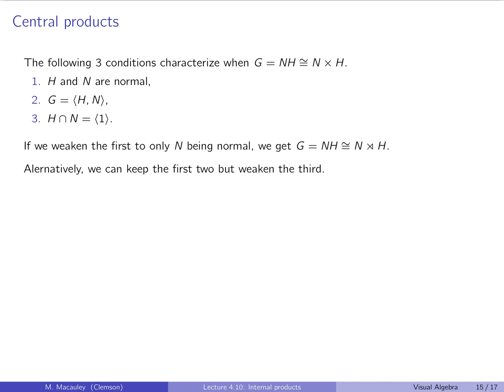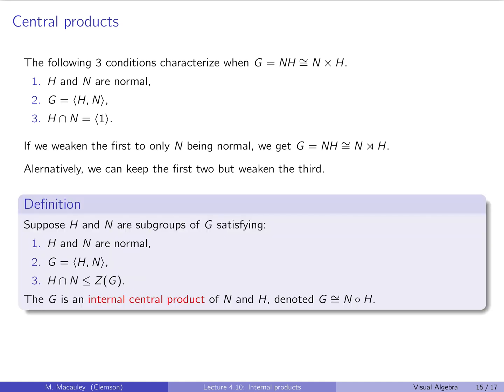So now, instead of H and N intersecting trivially, I want to just require that they intersect in a subgroup contained in the center. This is called an internal central product of N and H, and it's denoted with a little circle, N circ H.